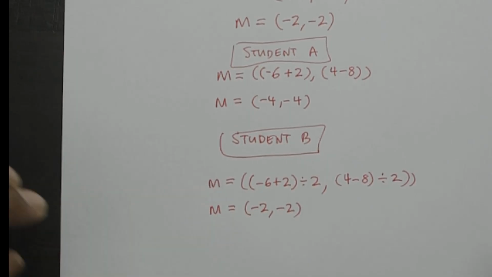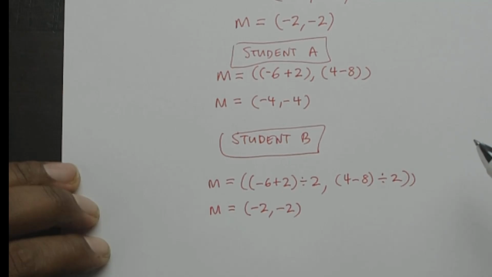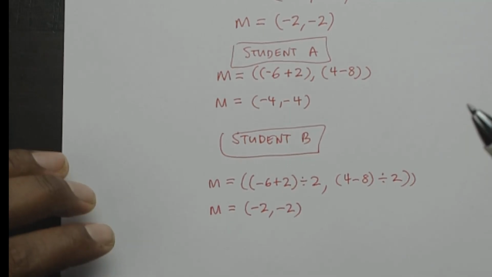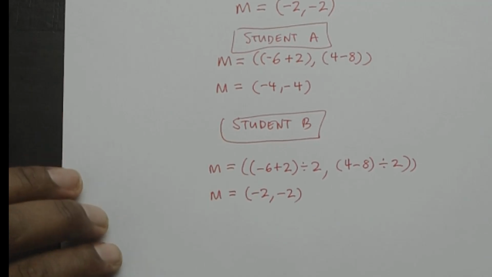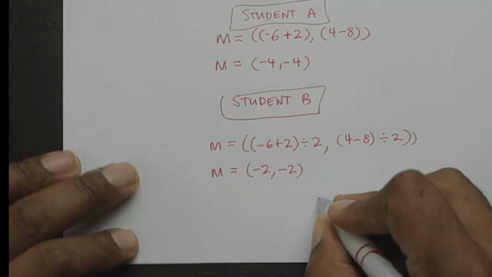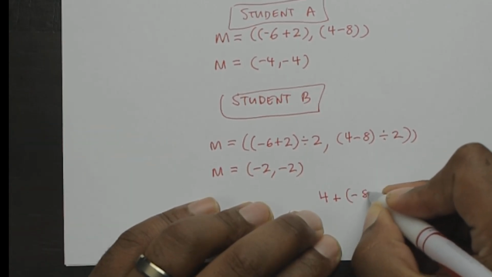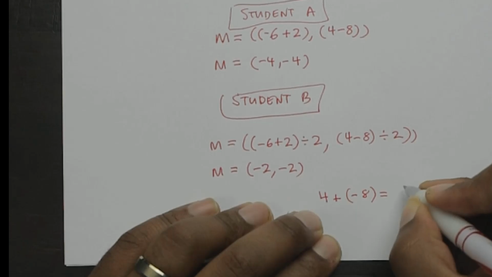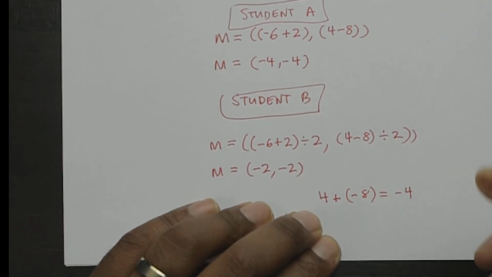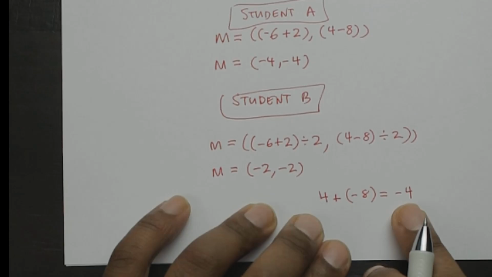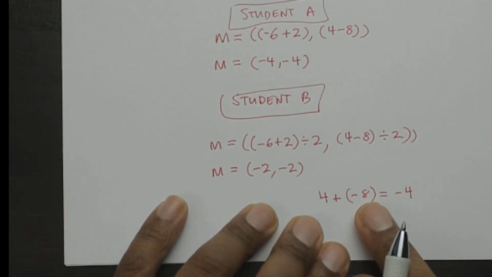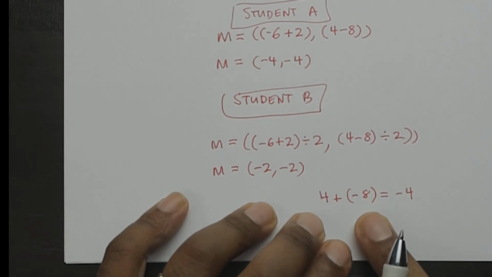For example, suppose we have 4 plus -8 equals -4. Do not confuse the addition of a negative with a subtraction error.